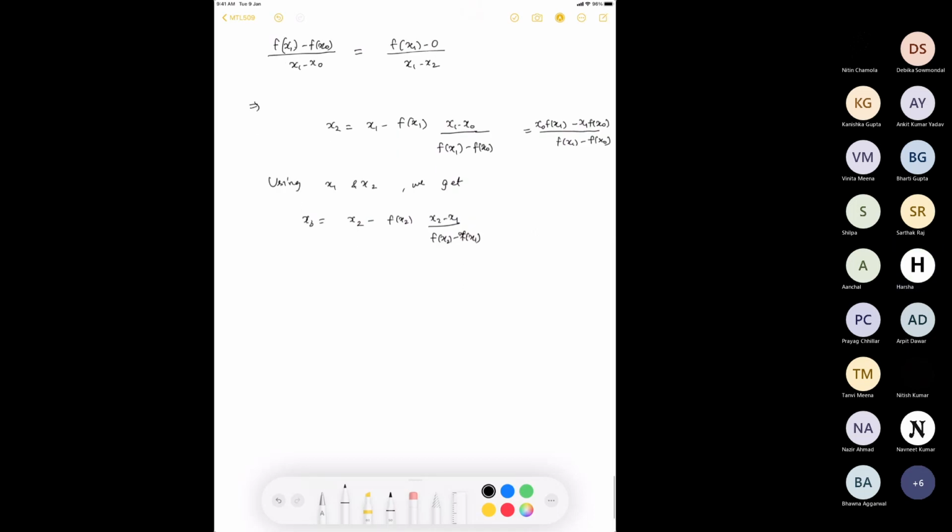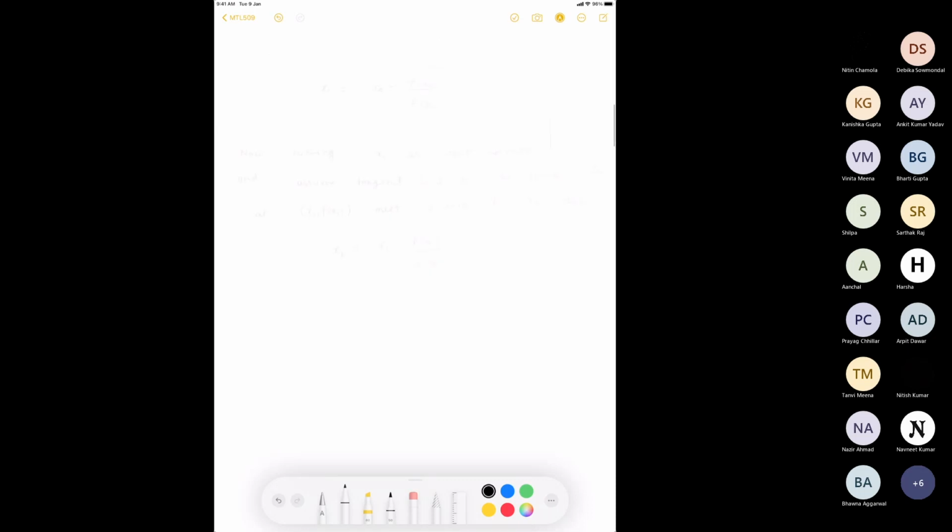So let's write down the general step. We have x_{n+1} = x_n - f(x_n) times (x_n - x_{n-1}) divided by (f(x_n) - f(x_{n-1})).